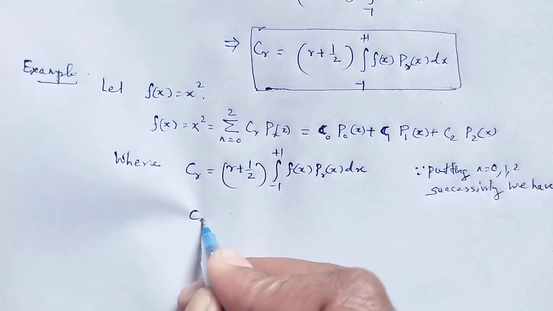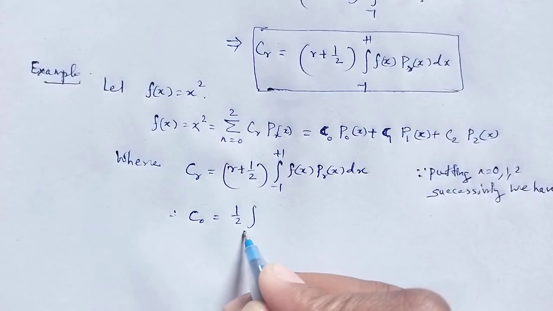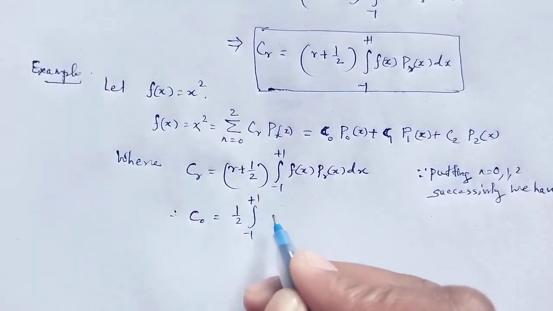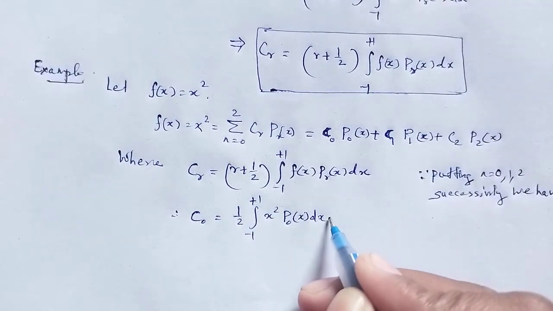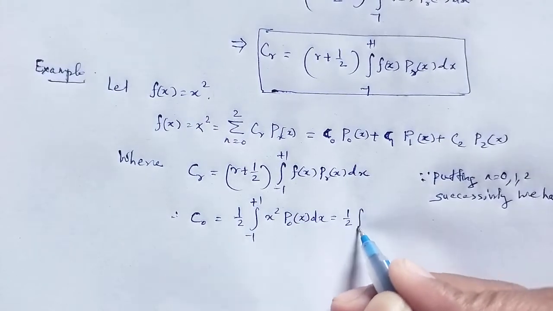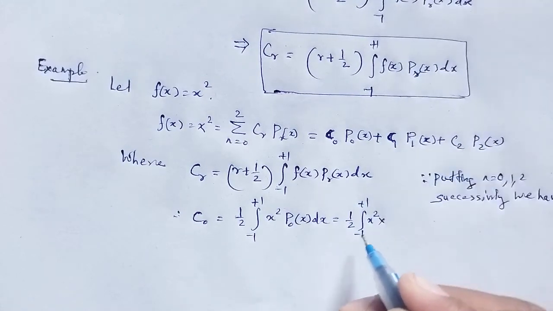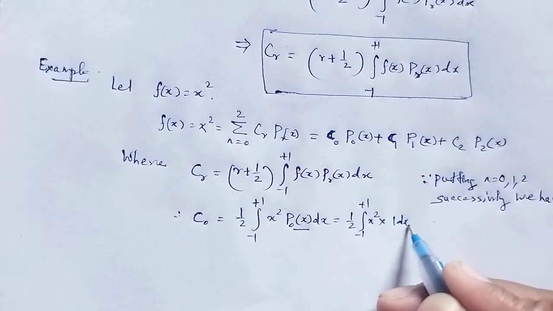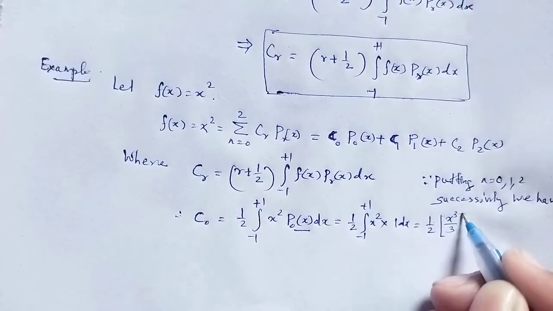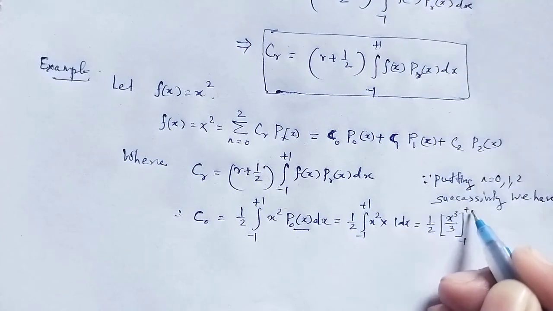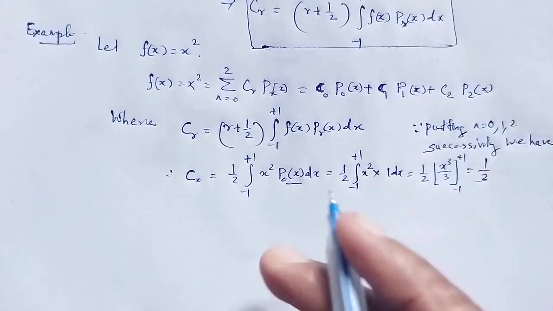C naught is equal to half the integration from -1 to +1 of x square P naught of x dx, which is half the integration from -1 to +1 of x square dx, since P naught of x is equal to 1. That is half of x cube by 3 from -1 to +1, which will be 1 by 3. That is C naught.